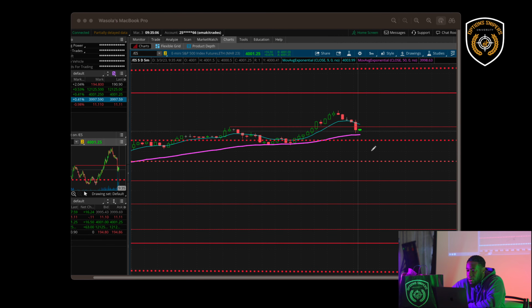If I were to get into a put on this trade, I know I'm losing if I don't see any candles open below the 50. That's how I know I would lose this trade if I were to get puts to the downside. We need to know that so that if we go to the upside and we're getting calls, then we get out of the trade. Simple as that. That allows us to minimize our losses while also maximizing our gains. So you want to know all potential outcomes, I guess you could say.